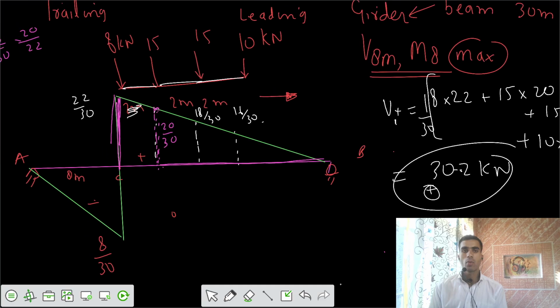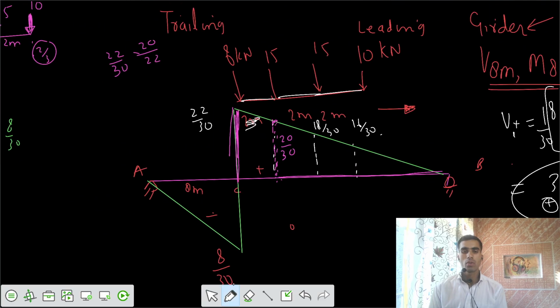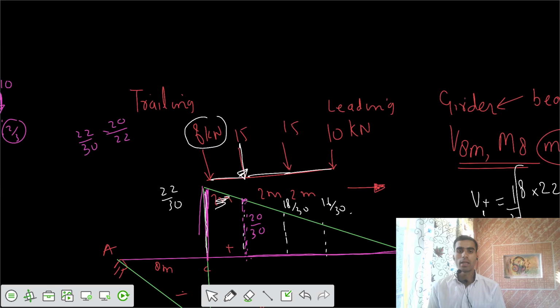Now I think we can apply one more trial, because your 8 kilonewton, we see this is on the peak ordinate of that positive shear force ILD. If I try to keep that 15 on the peak ordinate, I would try to see whether the value might get increased or not.